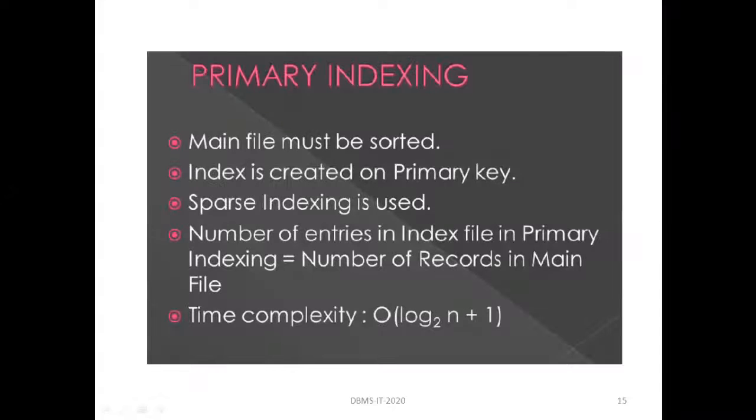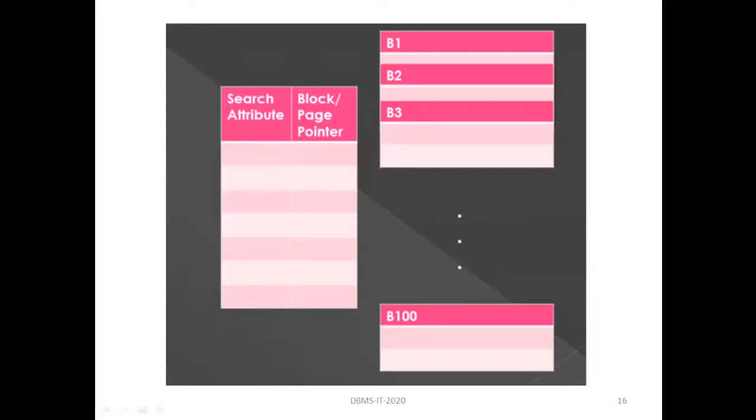So in case of primary indexing, the first point is the main file is sorted, as we have already seen. An index is created on the primary key. Sparse indexing is used in this case. So the main file is divided into a set of blocks, as well as the index file is also divided into blocks, and the block pointer or data reference points to each block.